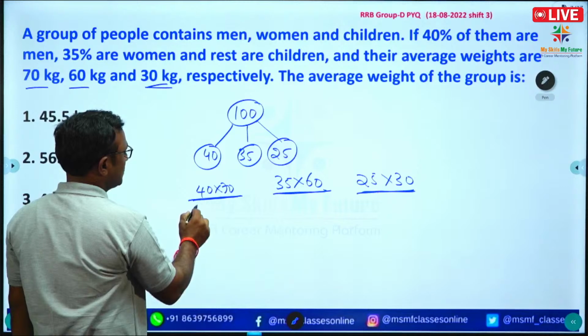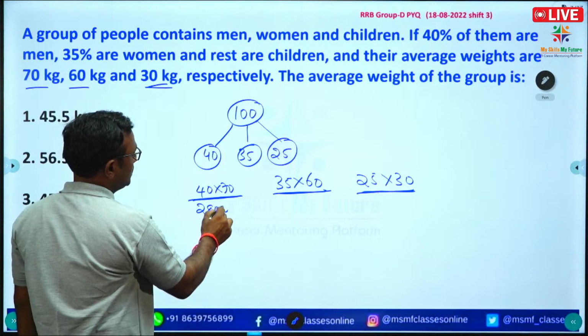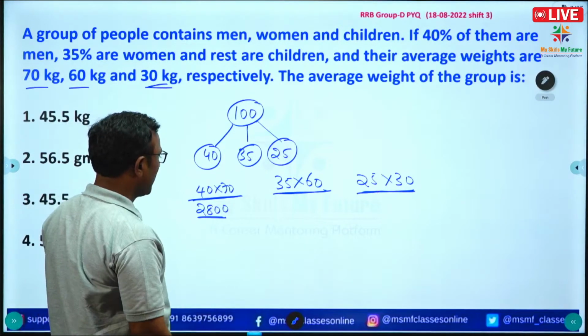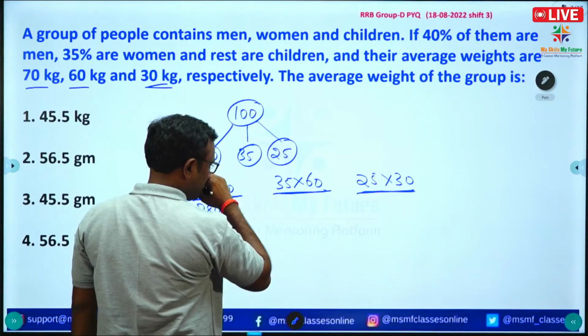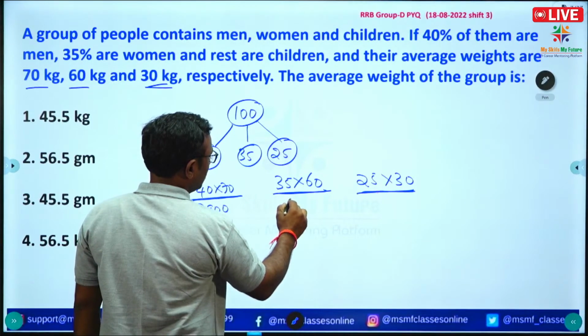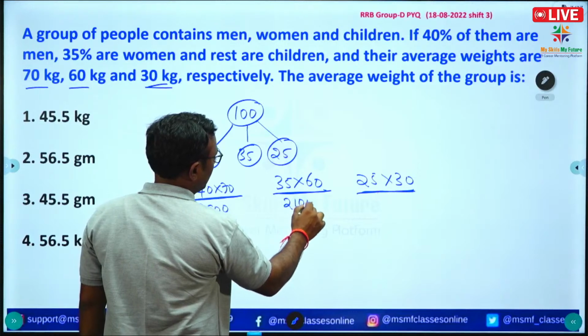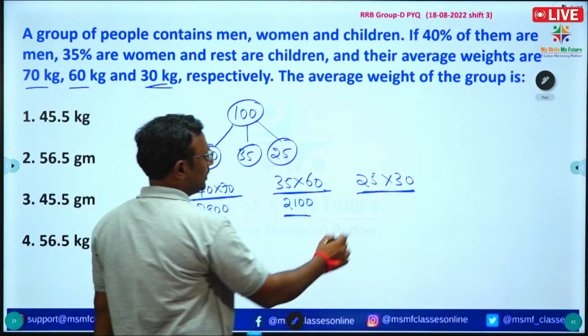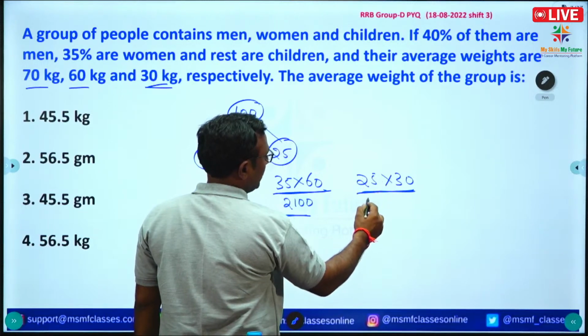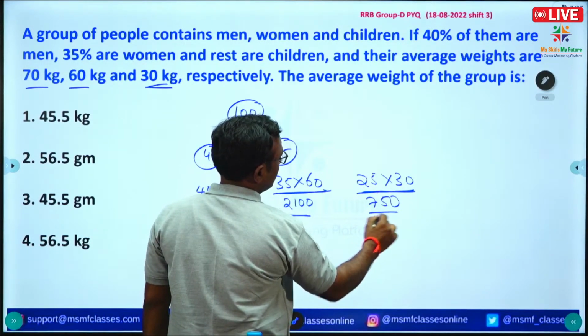So, 4 sevens are 28, so here we get 2800. 35 into 60 is 2100. And 3 into 25 is 75, so 750.